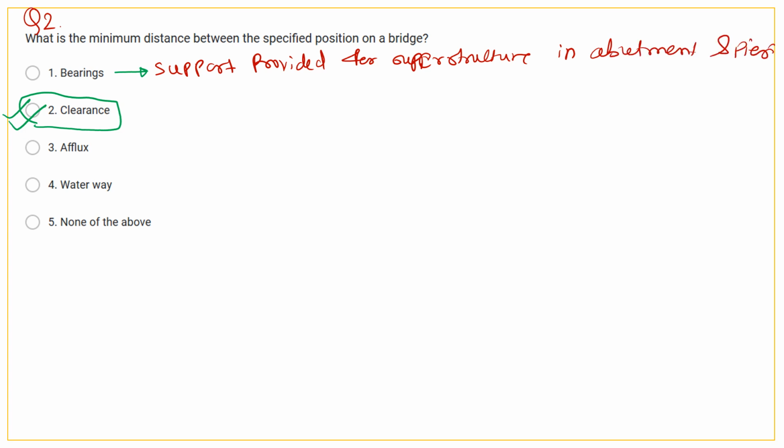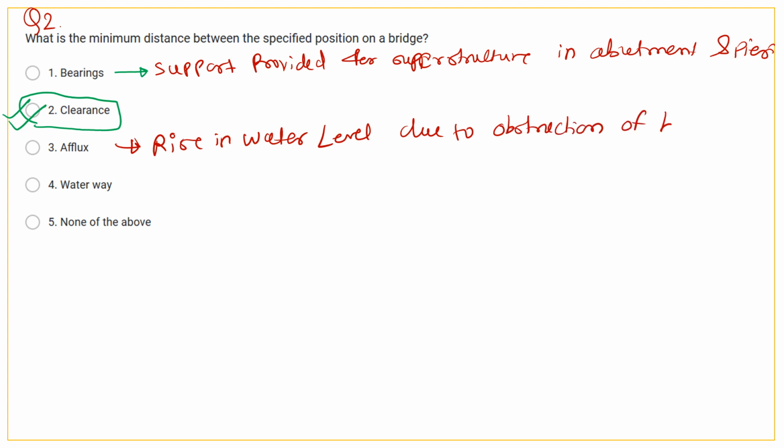The next, afflux, is nothing but the rise in water level due to obstruction of the bridge.